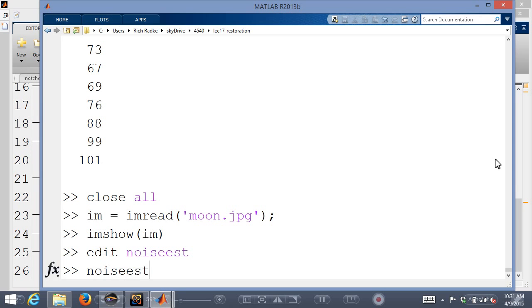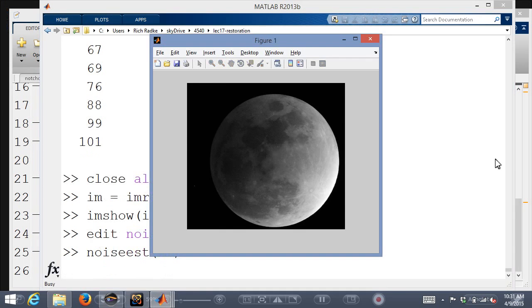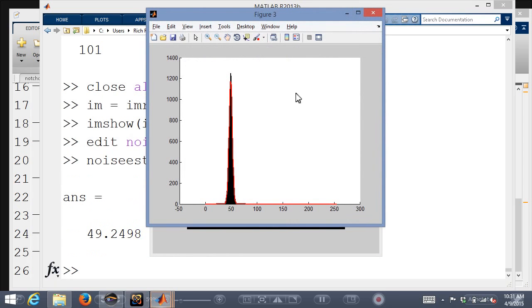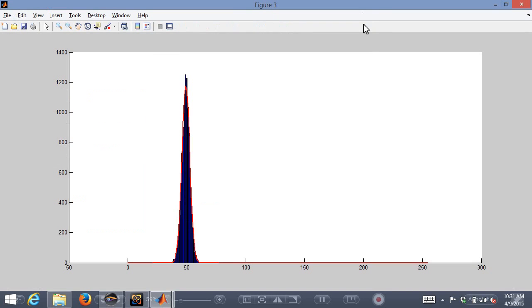I guess I have two E's in noise est. All right, so here's my cursor again. I'm going to click and click. Here what I see is that the black is a bar graph of the true intensities inside that box, and the red is a Gaussian distribution fit to those intensities. And I can see that the fit is really good, right?